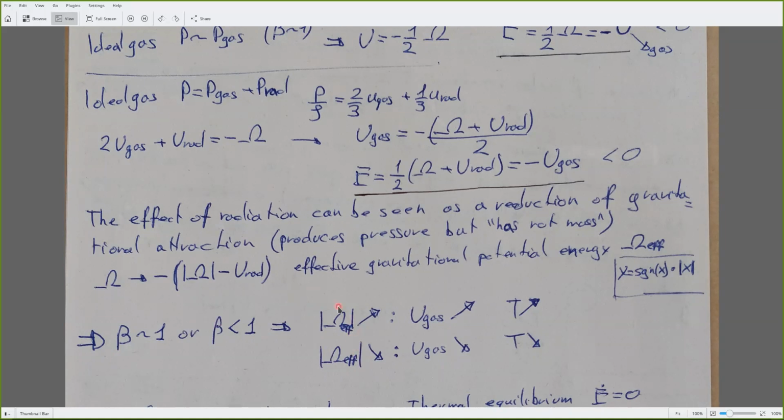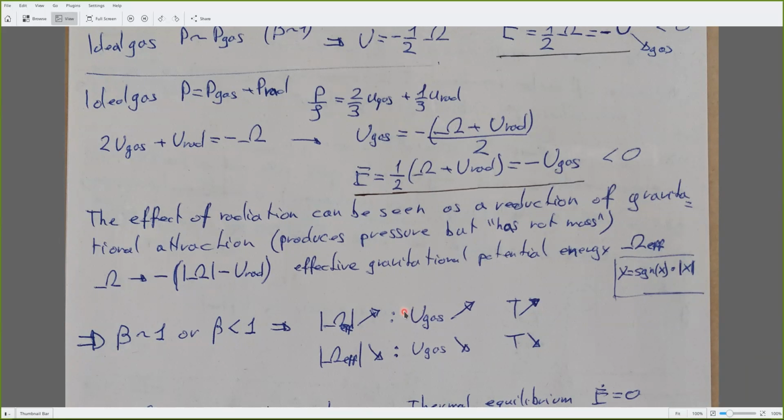If the absolute value of this effective potential, which in the case of only gas is just the potential, increases, that means this value decreases because it goes more negative.